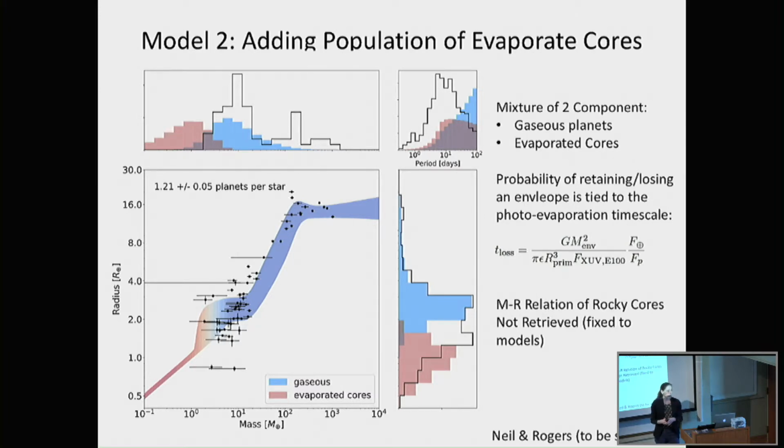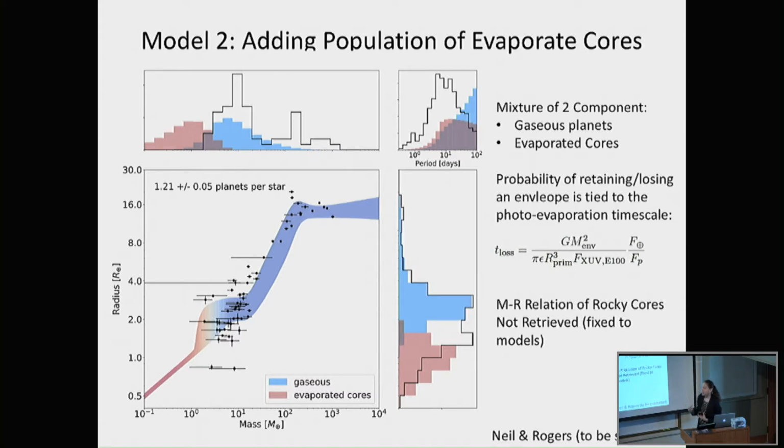If they've lost it, then we instead define their radii for their retrieved mass by a model mass-radius relationship for rocky planets. Since we have a limited number of planet mass and radius measurements, we're not actually trying to retrieve the mass-radius relationship for rocky planets, but we use it to specify the radii at a given mass for our rocky cores.